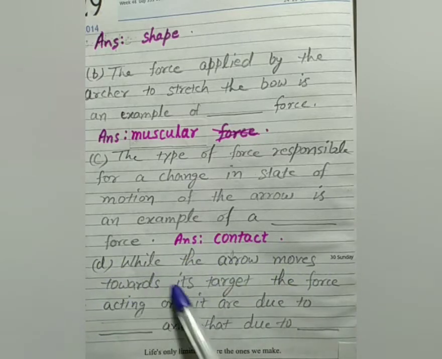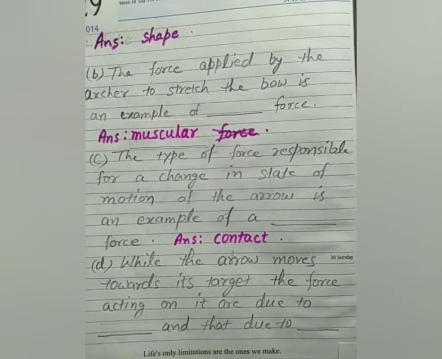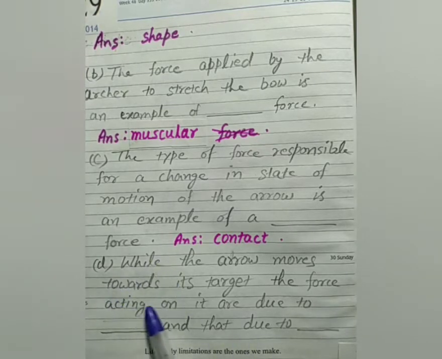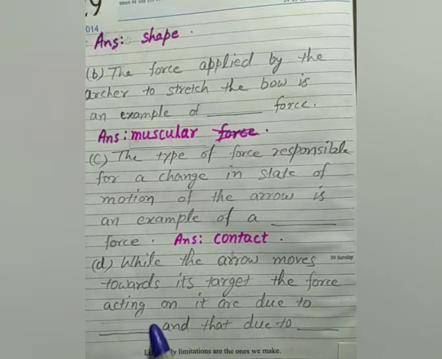While the arrow moves towards its target, the forces acting on it are due to dash and that due to dash. Means you have to name the two causes or the two agents which apply force on the arrow when it is in its path, in the middle of the air.